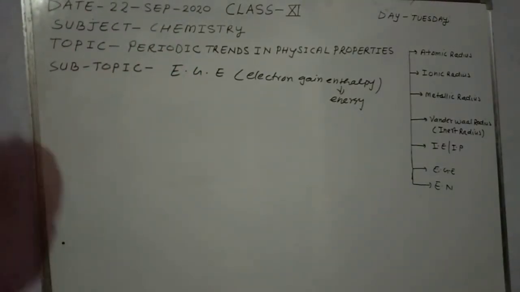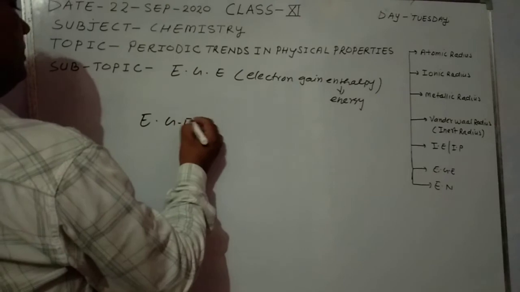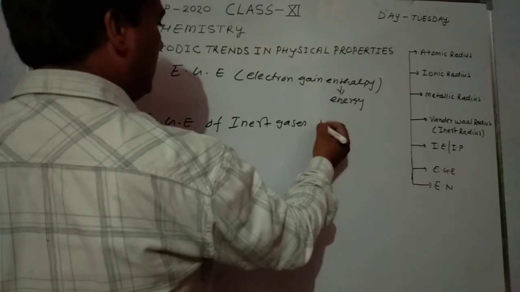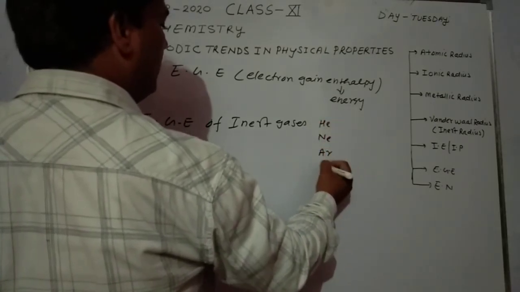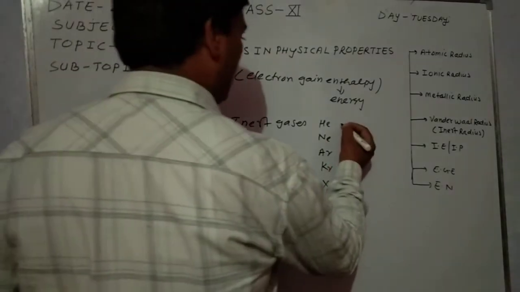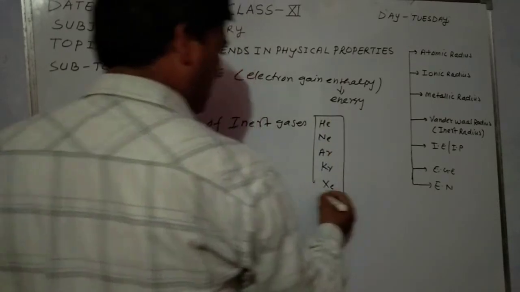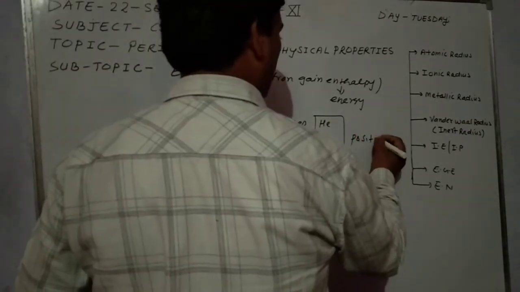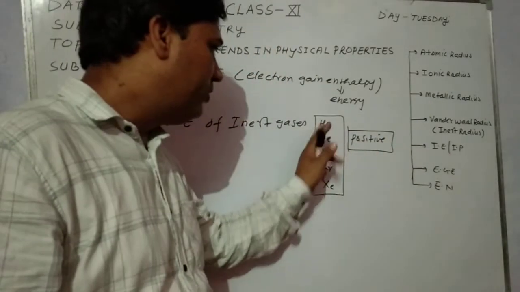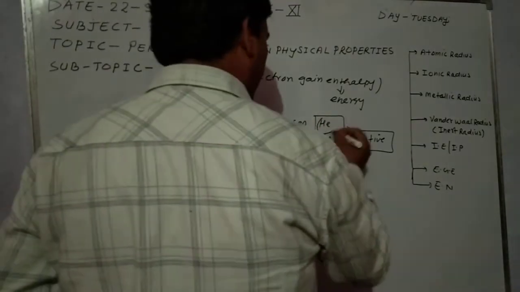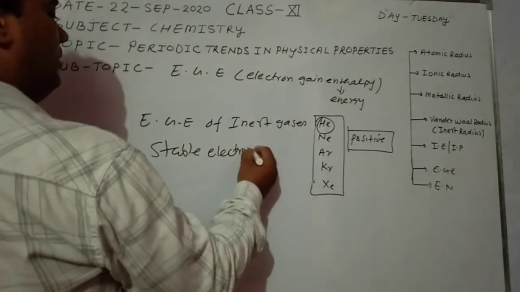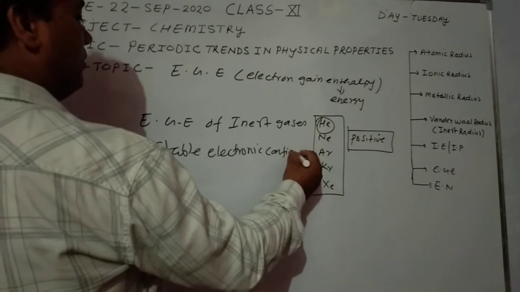The electron gain enthalpy of inert gases, that is helium, neon, argon, krypton, xenon, is positive, because a large amount of energy is required to add an electron to the atom due to its stable electronic configuration.